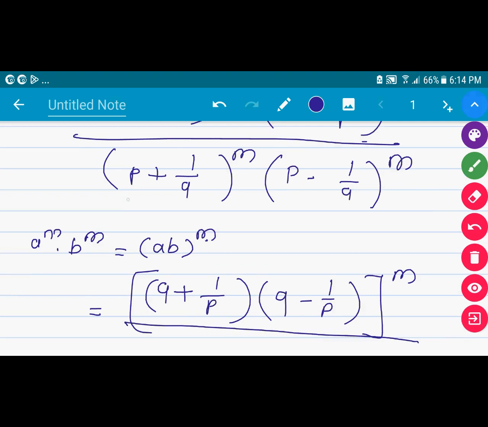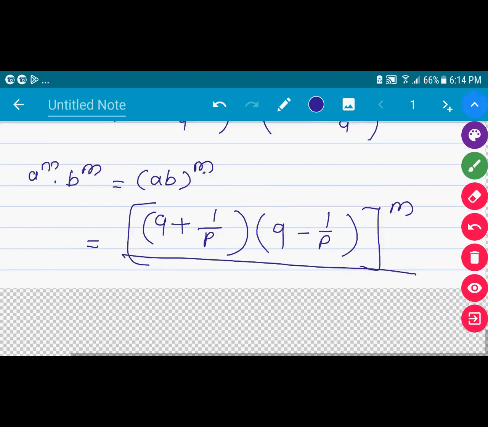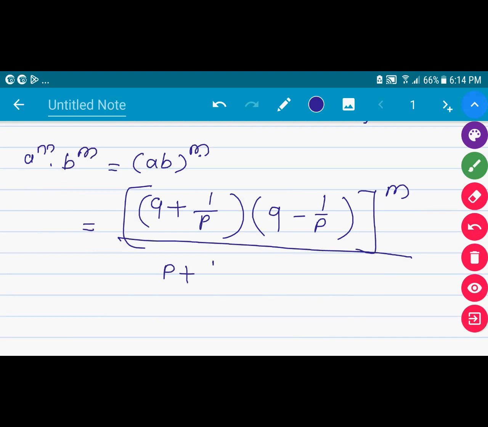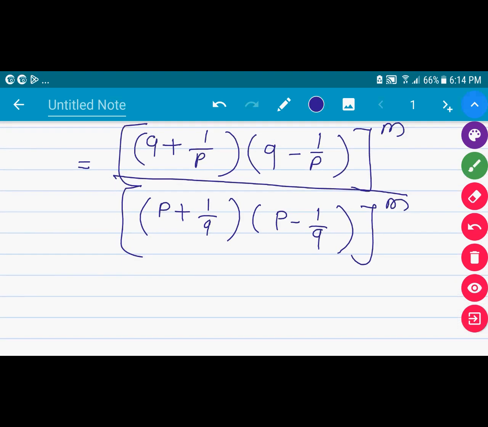And the lower expression, how will it become? (p plus 1 upon q multiplied by p minus 1 upon q), with the common bracket raised to m. Okay. Now see, this is like a plus b multiplied by a minus b, and its formula is a square minus b square.